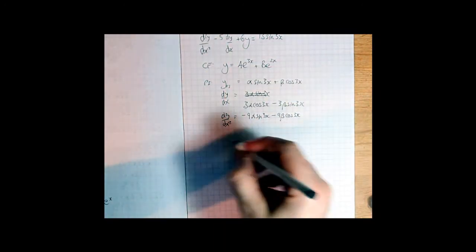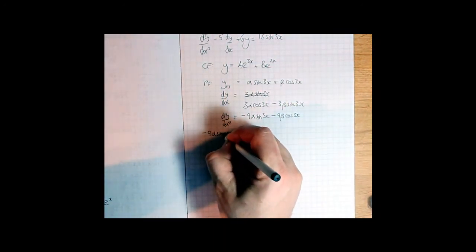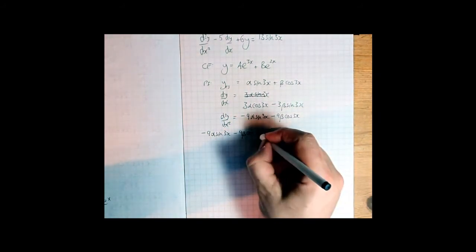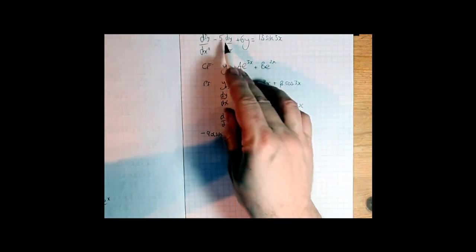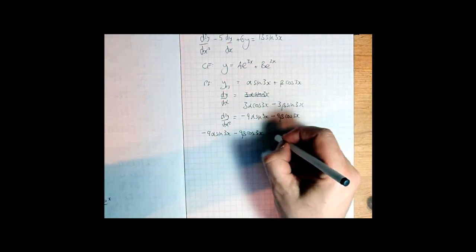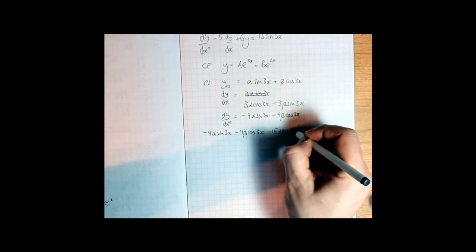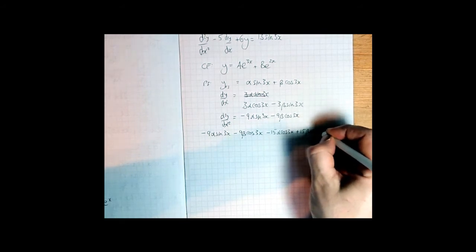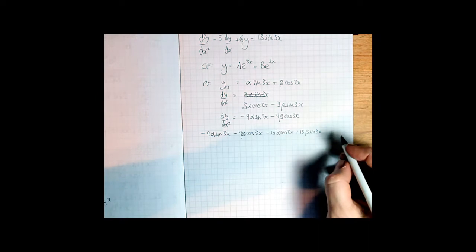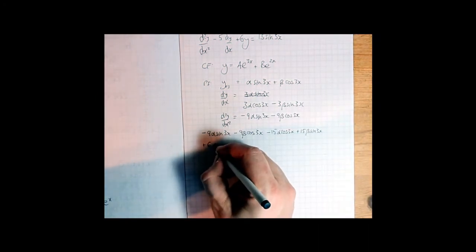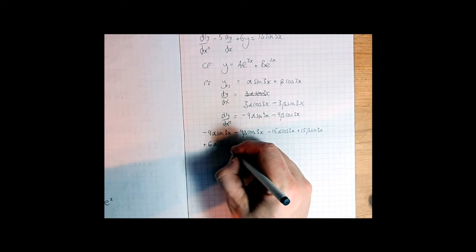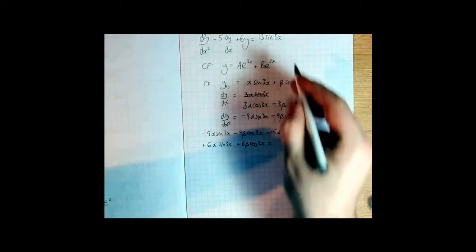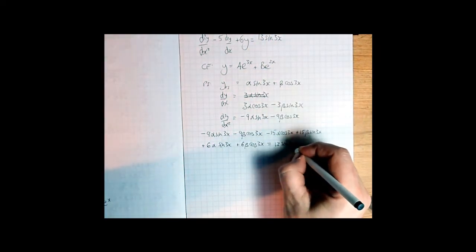Substitute into my original equation, minus 9 alpha sine 3x minus 9 beta cos 3x minus 5 lots of dy/dx, so minus 15 alpha cos 3x plus 15 beta sine 3x plus 6 lots of y, plus 6 alpha sine 3x plus 6 beta cos 3x, and that all equals 13 sine 3x.